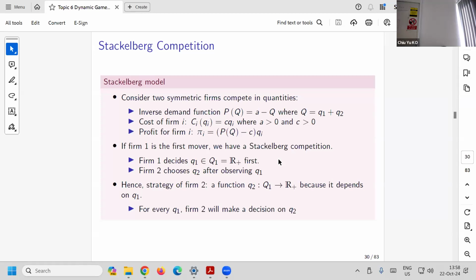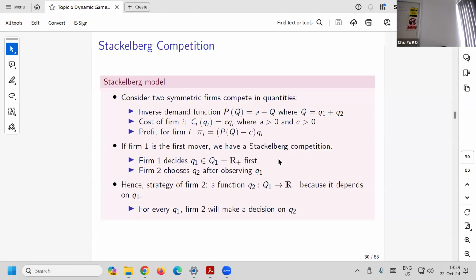So it's an infinite-dimensional strategy. Before it was just a number, but now it's a number for every number that player one has chosen. So it's more complicated, because firm one is choosing a number, but firm two is choosing a function. So how can we possibly solve this model? How can we choose a function?